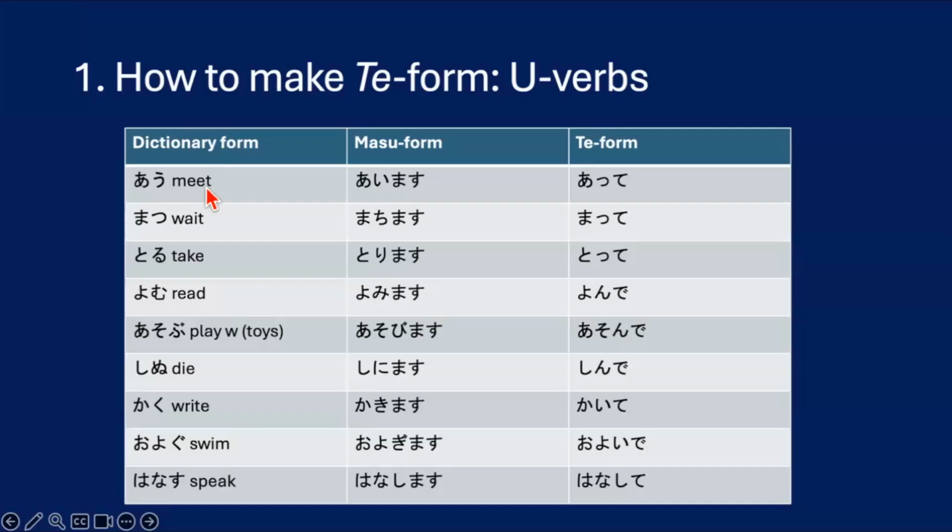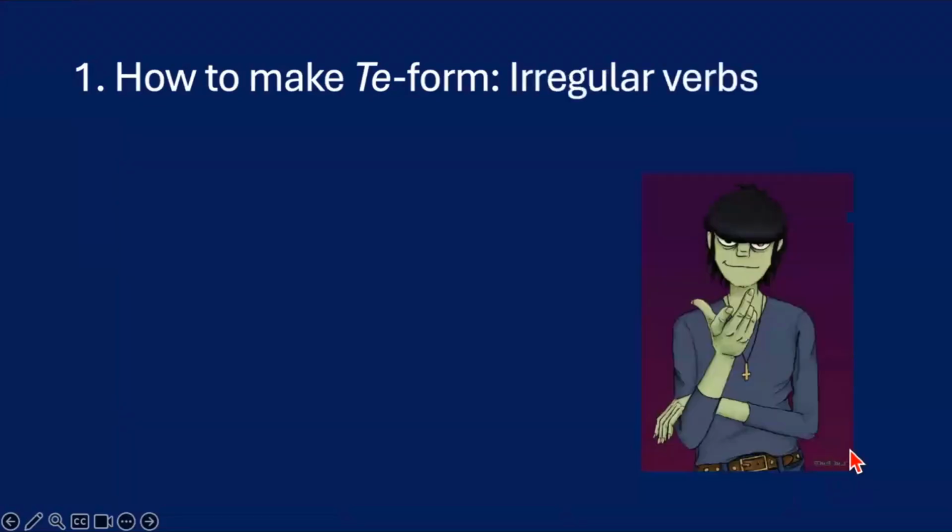So, au will be atte, matsu, matte, toru, totte, yomu, yonde, asobu, asonde, shinu, shinde, kaku, kaite, oyogu, oyoide, hanasu, hanashite. So these are the te or de forms.